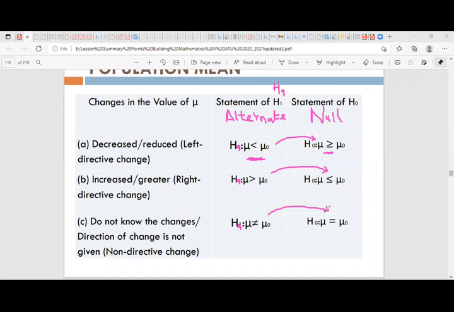It is equal to. And because it has the equal to, that becomes what? The null claim or the null hypothesis. I hope we are clear on this part. I hope you are clear on this slide.